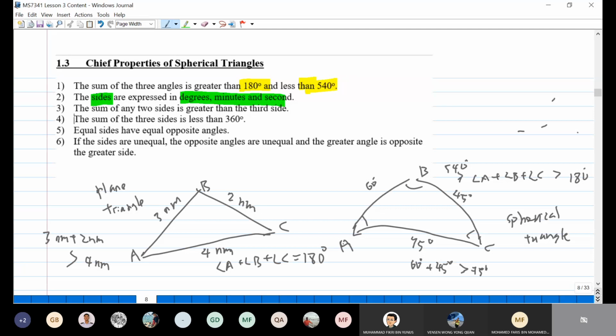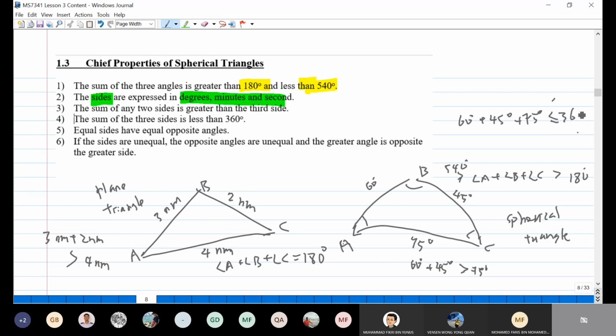Now the fourth one is an important one. The sum of three sides of a spherical triangle is always less than 360°. For example, in the spherical triangle, I have the sides 60° plus 45° plus 75°. The three sides added together must be less than 360°.